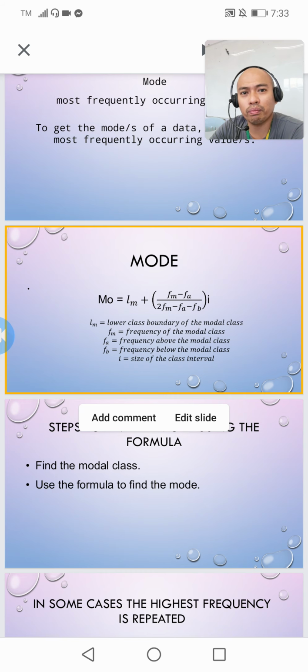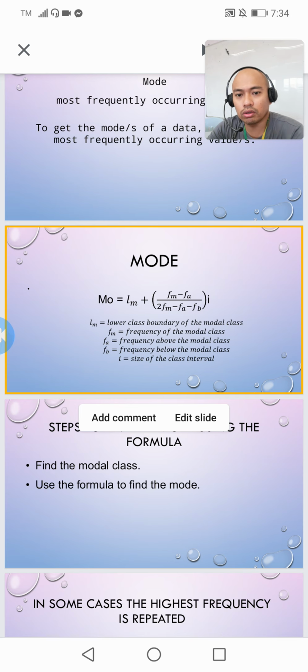Since we cannot compute for the level of that nominal scale of measurement, we can still get the average by simply identifying the most frequently occurring data or characteristic, and that will be the mode. So very very applicable naman at least si mode when the data in your research study is nominal scale of measurement.